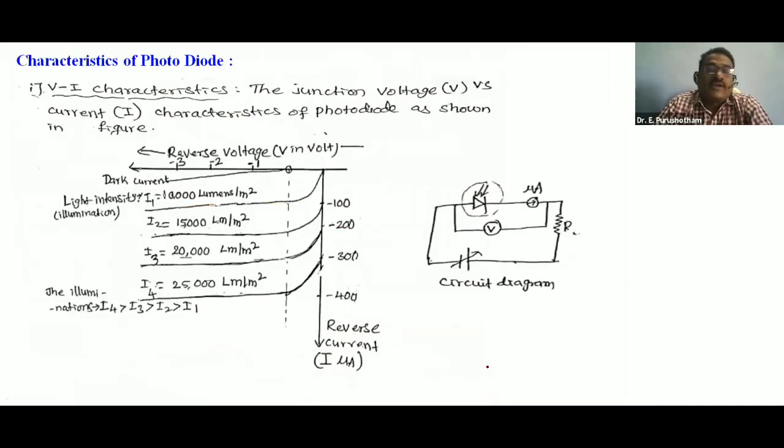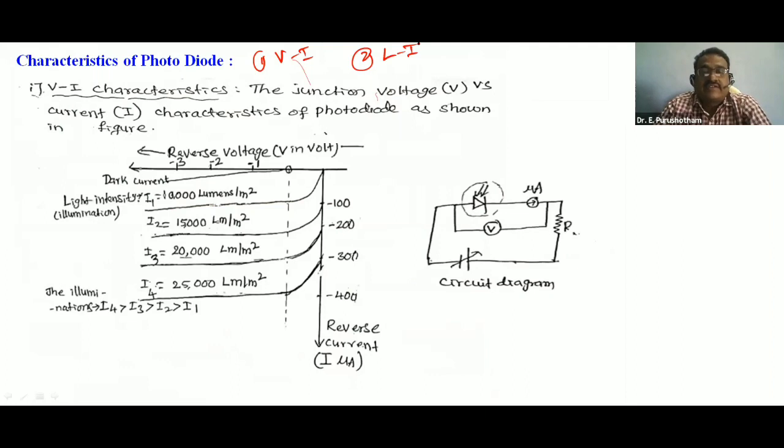Characteristics of photodiode. It has two characteristics: one is VI characteristics of photodiode, and number two, LI characteristics of photodiode. In LED also, we studied VI characteristics and LI characteristics.